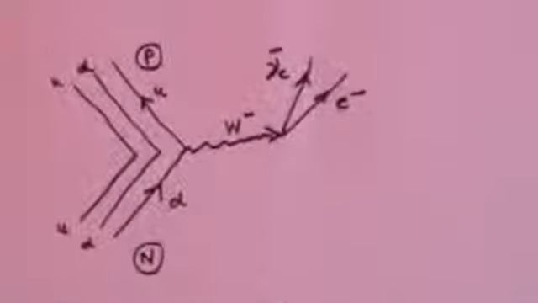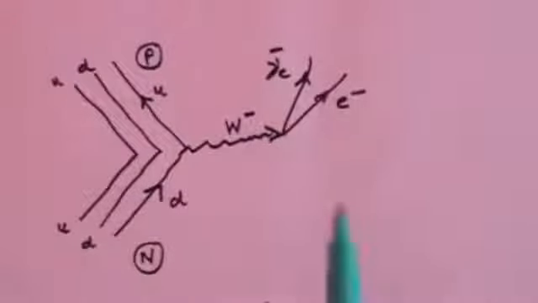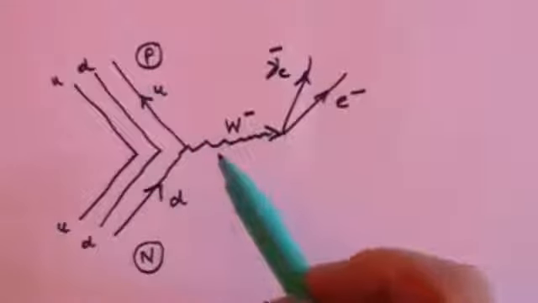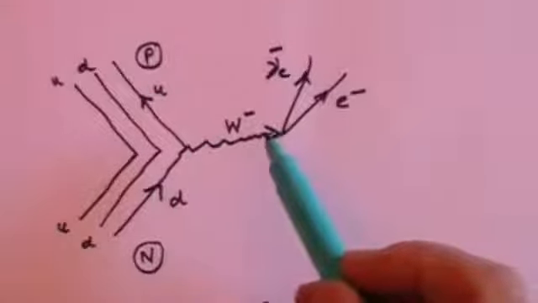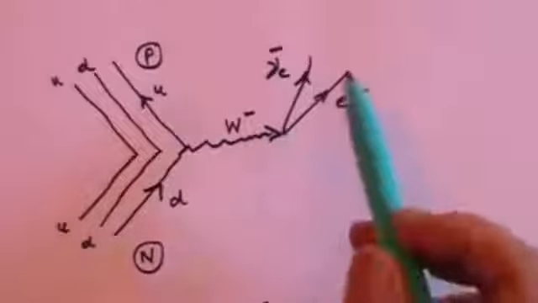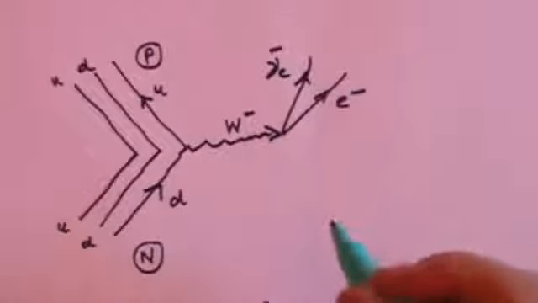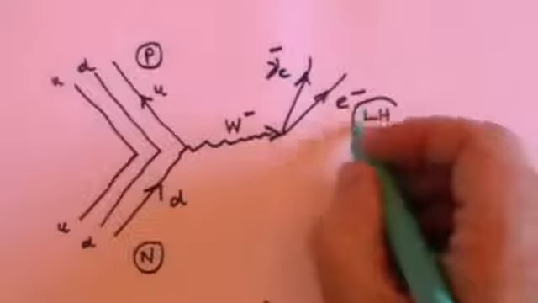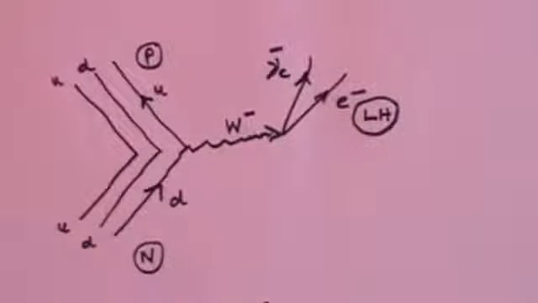And what we find experimentally, so this is an experimental fact, when the down quark changes to an up quark by the emission of a W- boson, which then decays into an electron and an anti-electron neutrino, the electron is always a left-handed electron. You never get a right-handed electron.